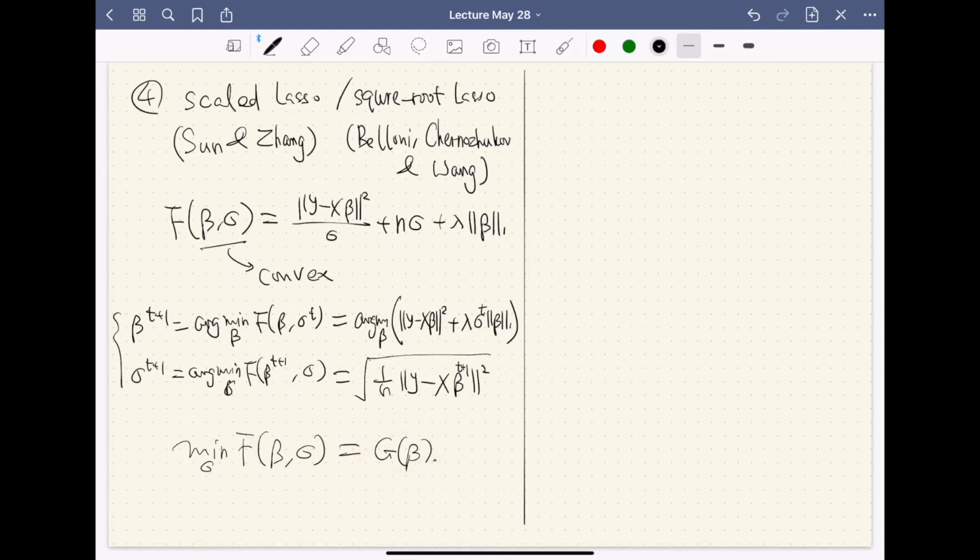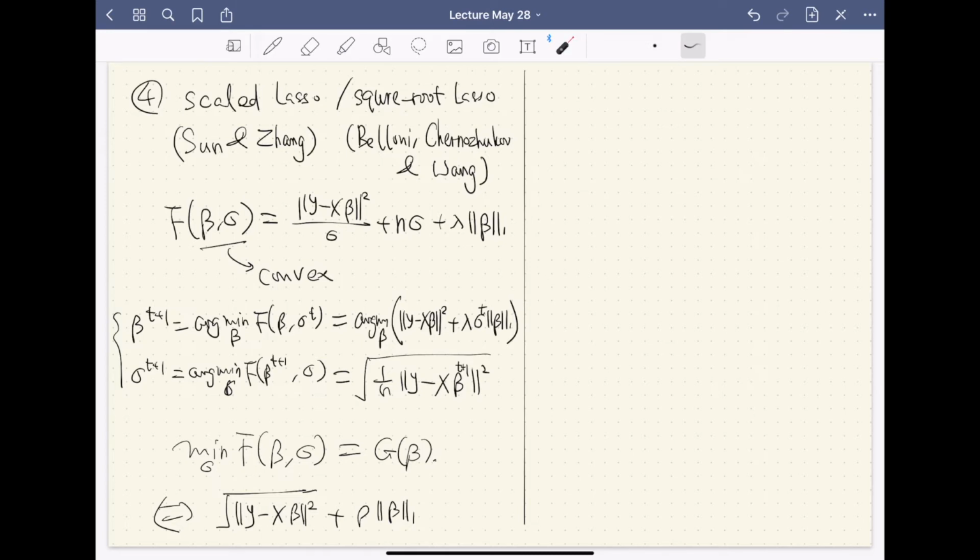So if you do that, basically it's equivalent to having the square root of the least square objective plus some number times the L1 norm.